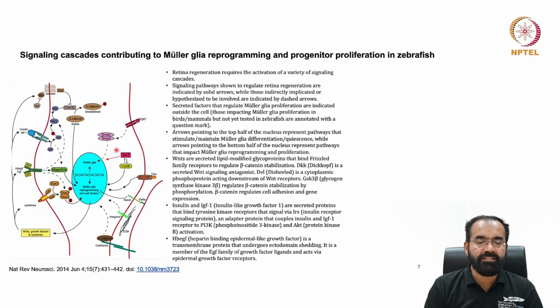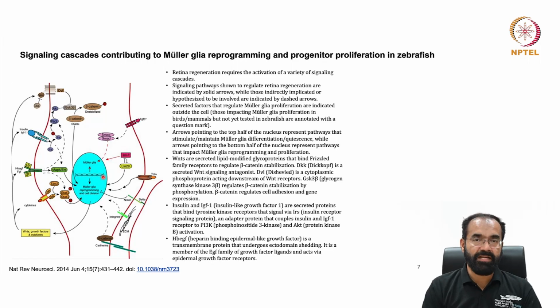So you can see this picture in a nutshell. There are both pro and anti-regenerative molecules combined together. In general, the reprogramming of the Muller glia depends on how effectively these pro and anti-regenerative events are triggered.